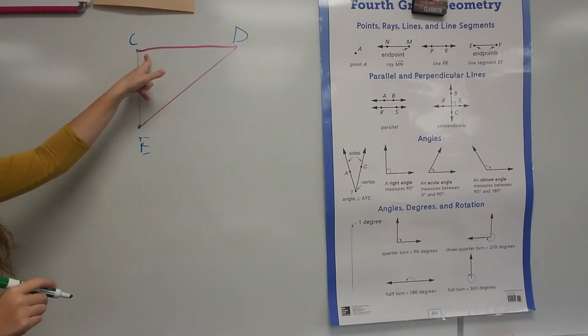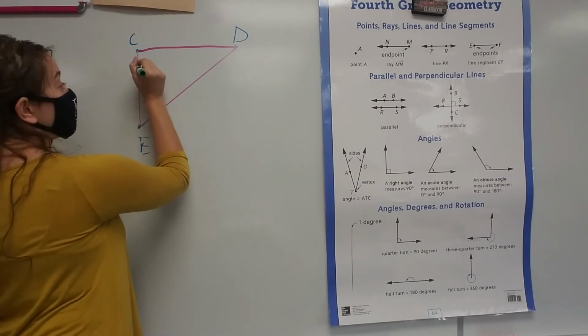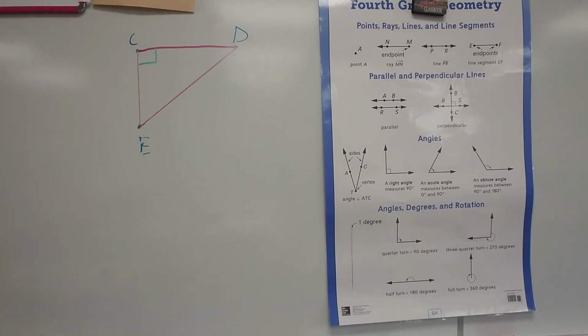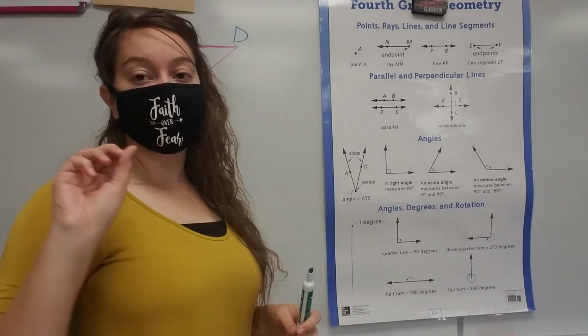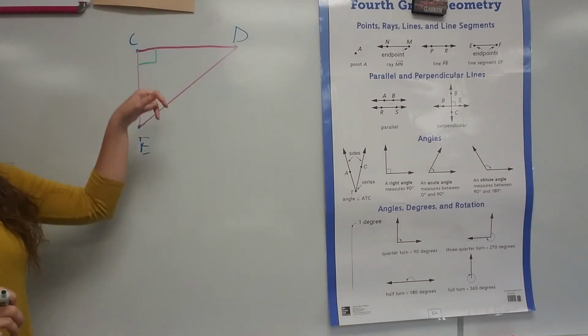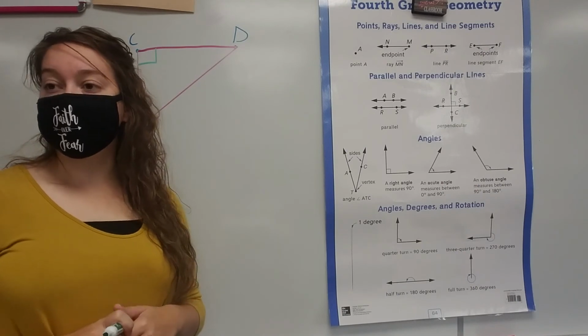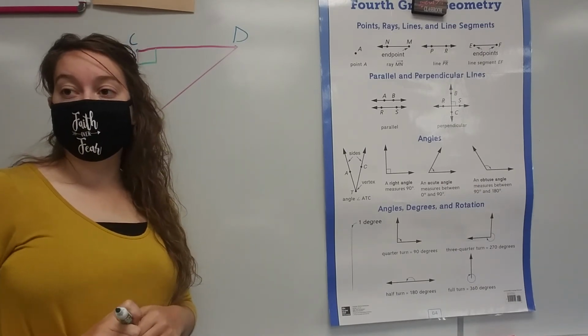Acute? Well, let's see. Can we make a box? Right. It's a right angle. Everyone make your box in there. With your grid, it should be even easier to make the square. Can you make a square in this angle? Yes. So what kind of angle is that? A right angle. So for letter A of that number, it is a right angle.